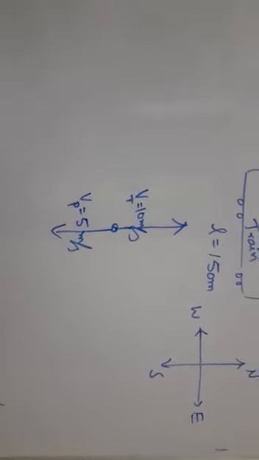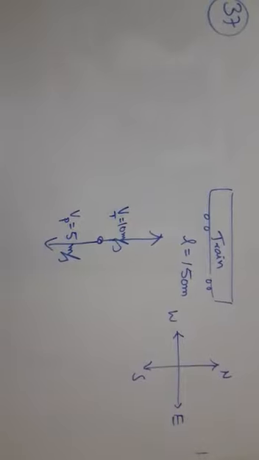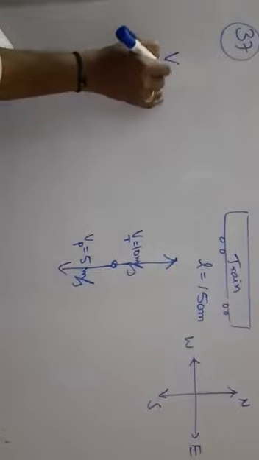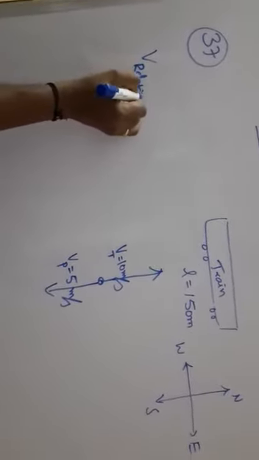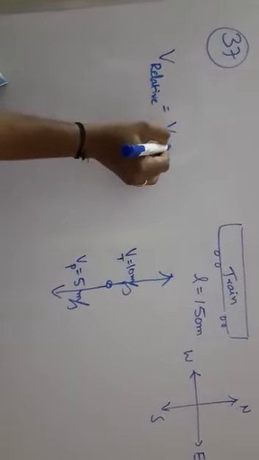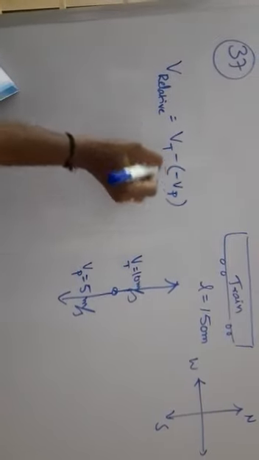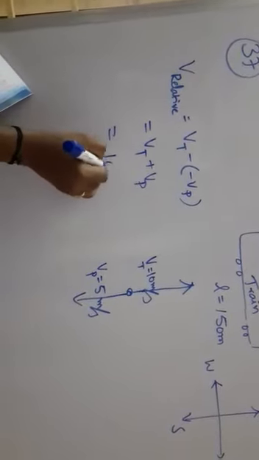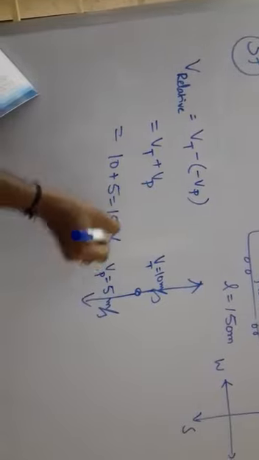Parallel to this track in the opposite direction, what is the time taken to cross the train? The velocity is actually the relative velocity between them. Relative velocity is equal to the velocity of the train minus the velocity of the parrot. Therefore Vt plus Vp, 10 plus 5, is equal to 15 meter per second.